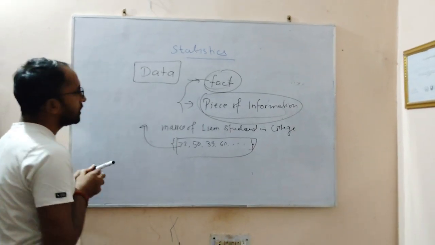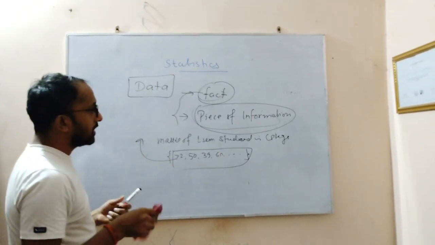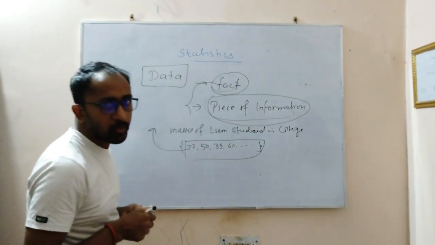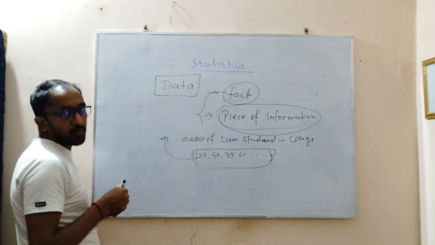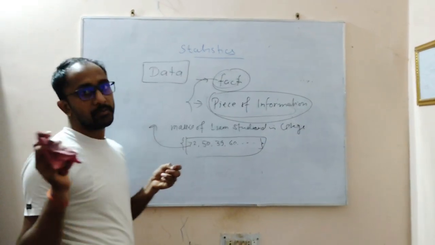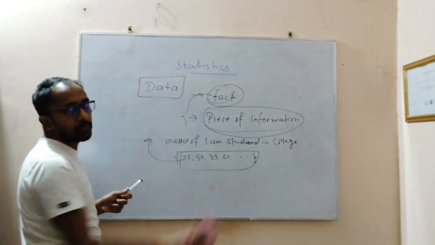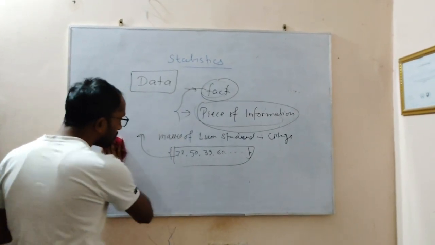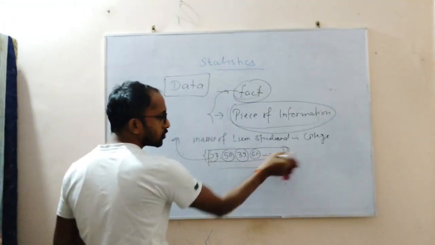So we understood what data is. After it, it is very important to understand its components, the things in statistics that make decision making in organizations easier and better. Any fact or piece of information must be in numerical, quantitative form, something that can be measured, like 72, 50, 29, 60, and so on.